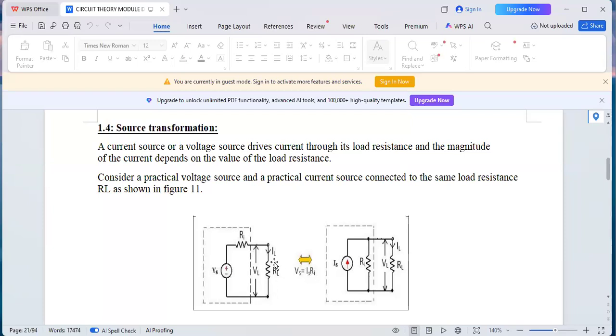That will be equal to the current it received or the current it pulled times its resistance. So Vs is equal to Is times Ri or RL. So this is it.